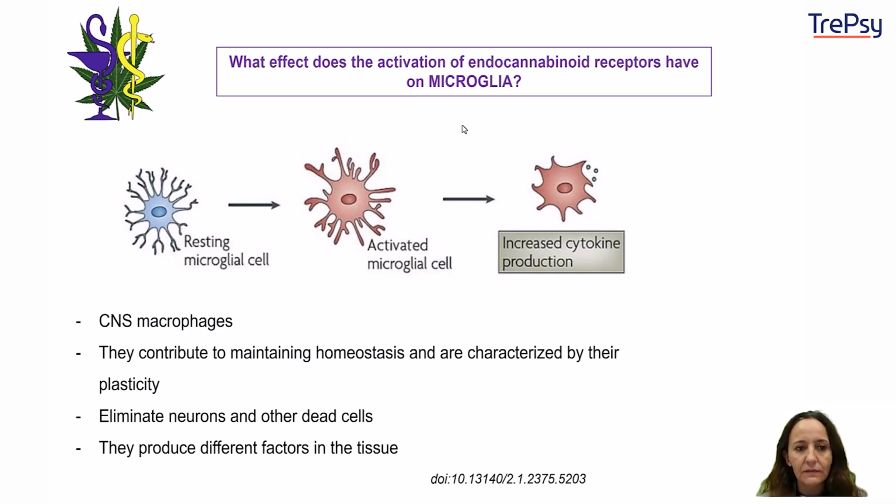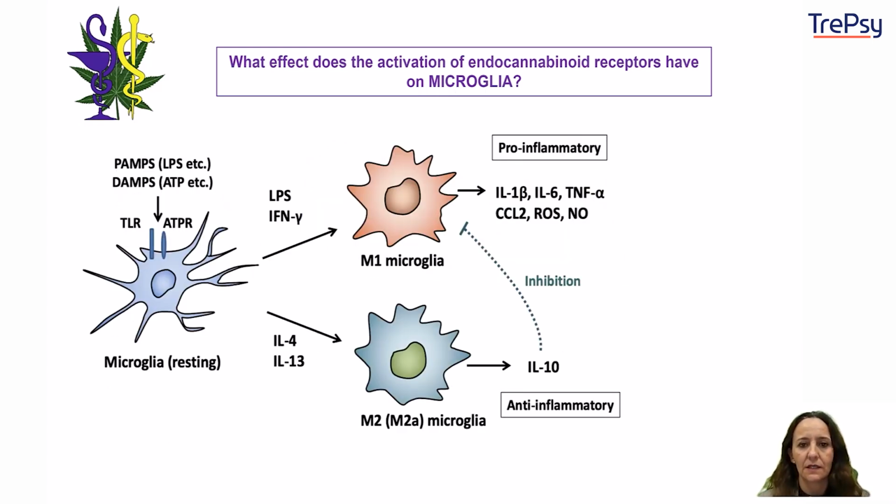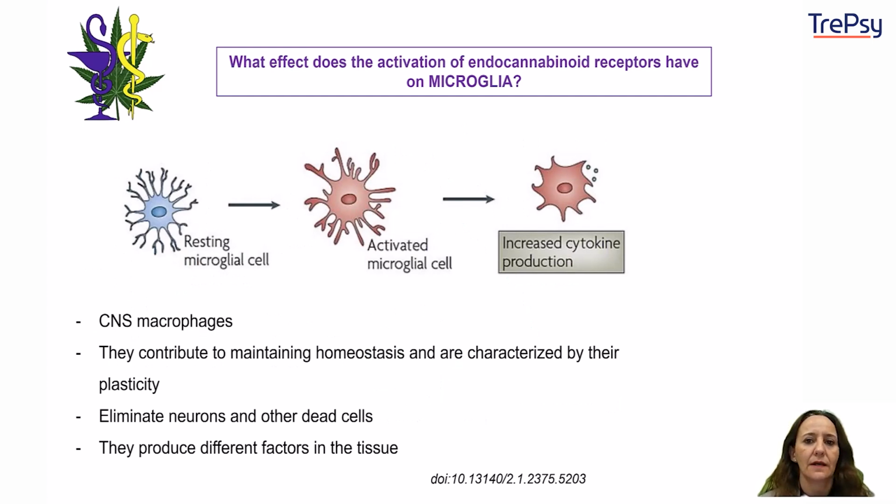And what effect does the activation of endocannabinoid receptors have on microglia, which is the central nervous system macrophages? Well, as we can see in this image, microglia have different states.